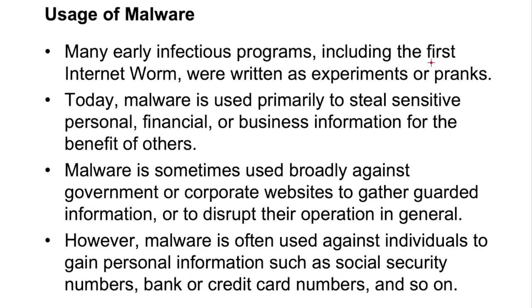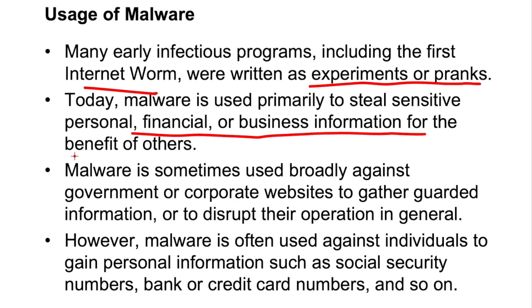So usage of malware. Many early infectious programs, including the first internet worm, were written as experiments and pranks. So that started with experiments and pranks, but it became a problem for modern day computing. Today malware is used primarily to steal sensitive information, financial or business information, for the benefit of others.